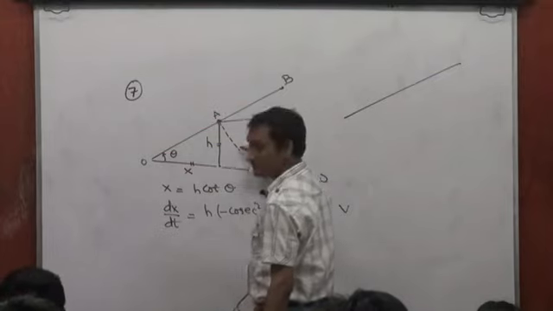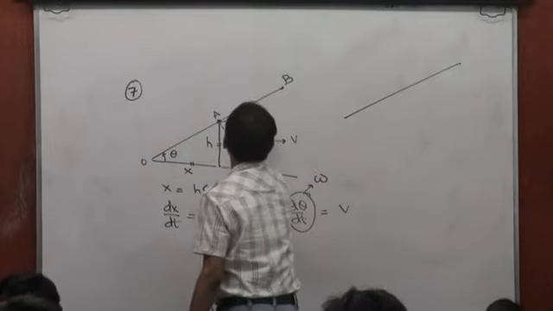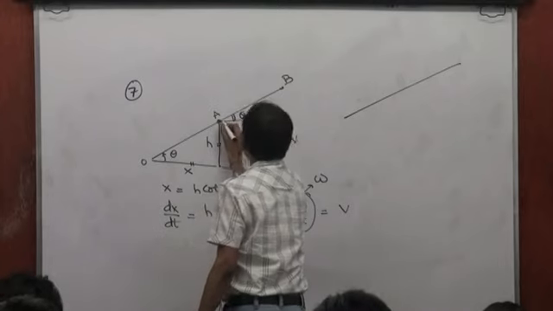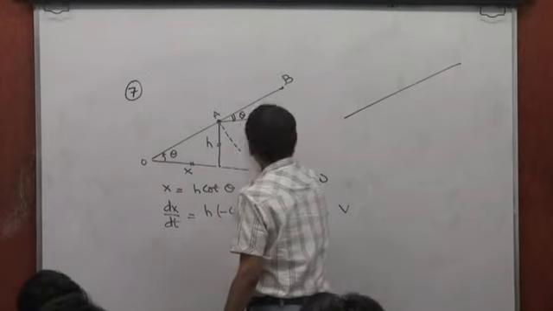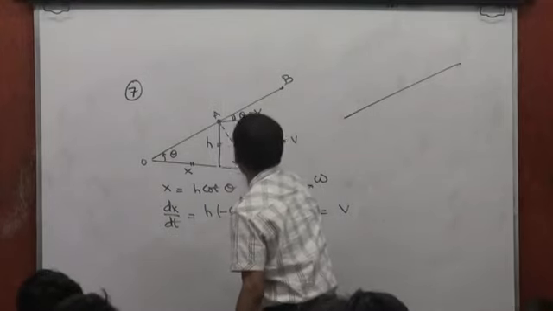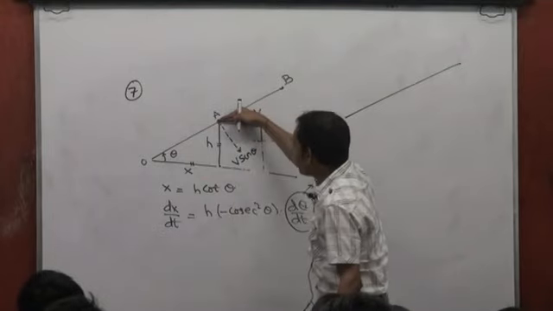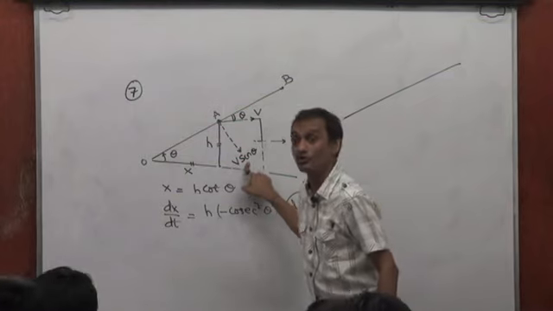Realize that. Now this angle is theta. This cube has a velocity horizontally v to the right, and its component along the common normal direction is v sine theta. So the velocity of A perpendicular to the rod is v sine theta, yes or no?